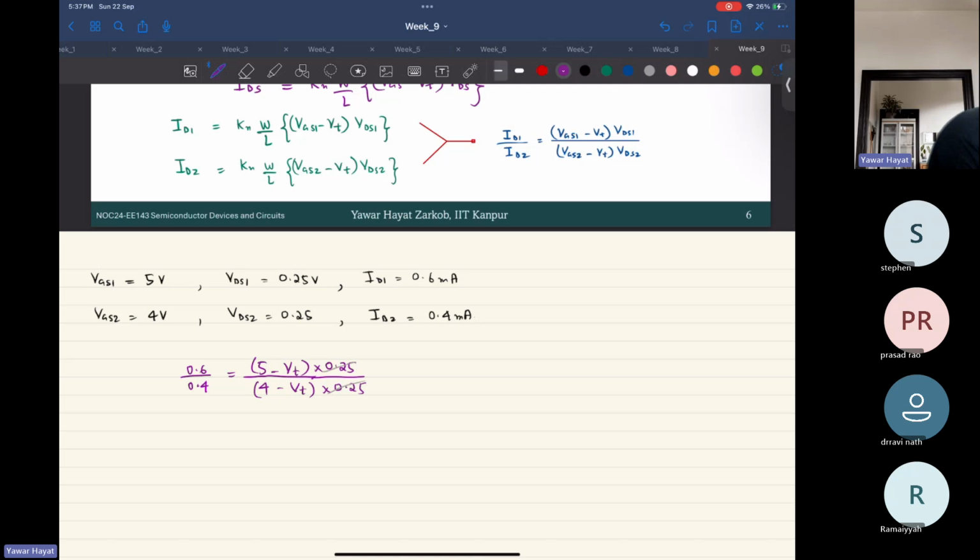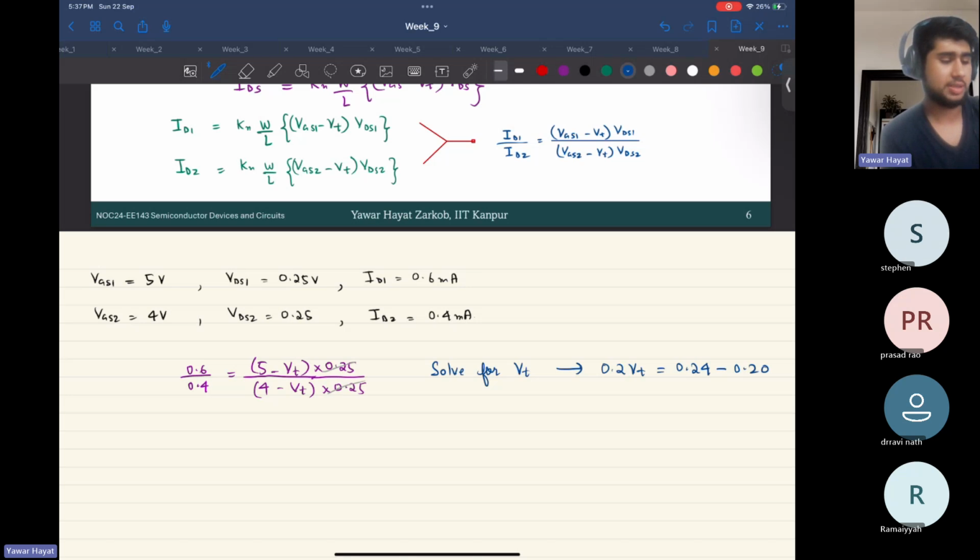Then we can solve this for VT. If you solve for VT, you'll get this equation: 0.2 VT is equal to 0.24 minus 0.20.